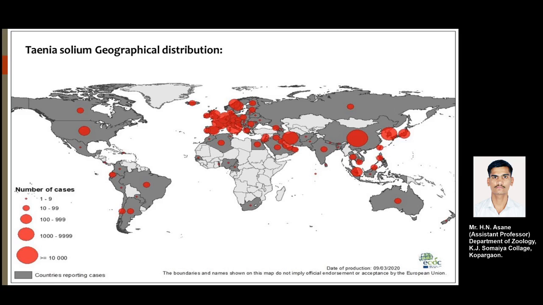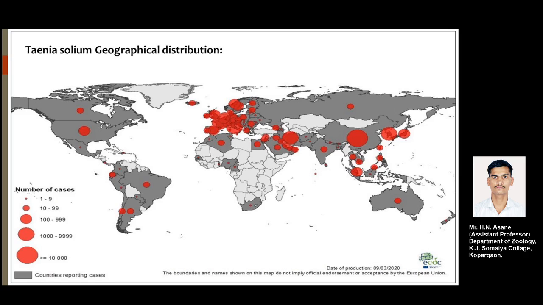The bigger dots indicate greater than or equal to 10,000 cases per year. Then 1,000 to 10,000 cases per year, like the bigger dot in China or the UAE, and the second biggest dot means 1,000 to 9,999 cases per year.